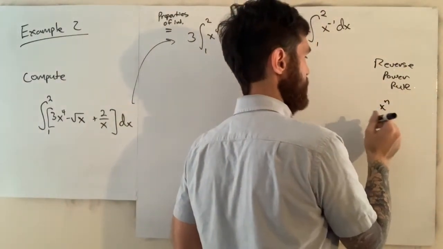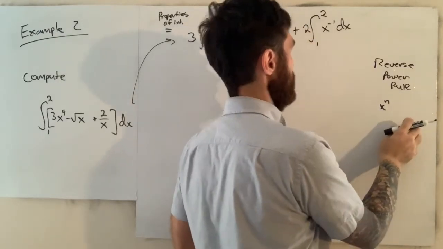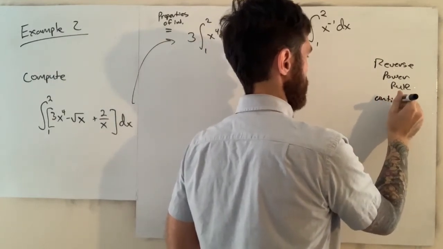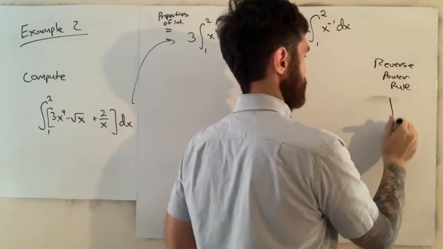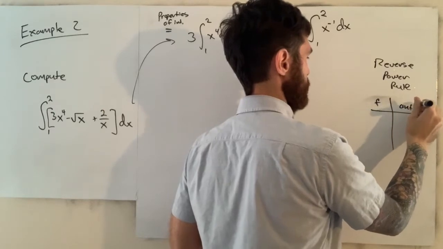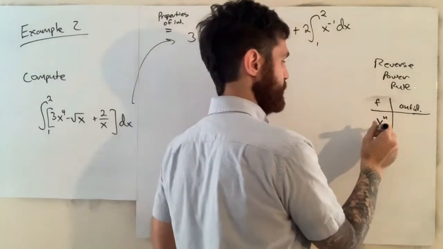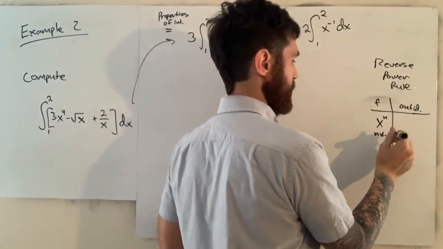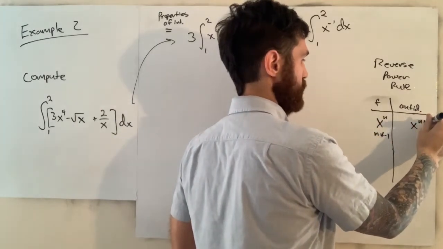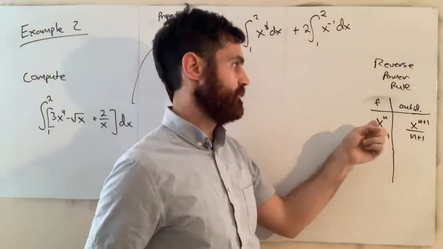If you have x to the n and you want an antiderivative for this, well, as long as n is not equal to -1, what you get is x to the n plus 1 divided by n plus 1. So remember, if we take this derivative, we get that.